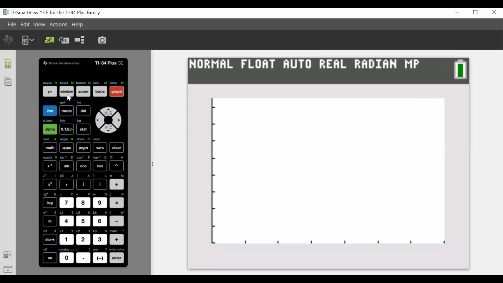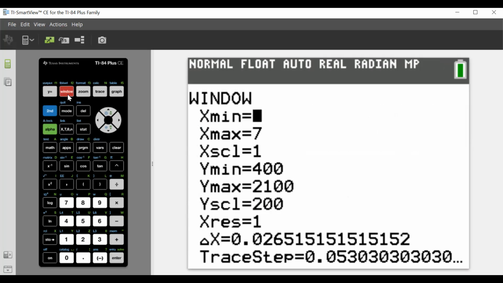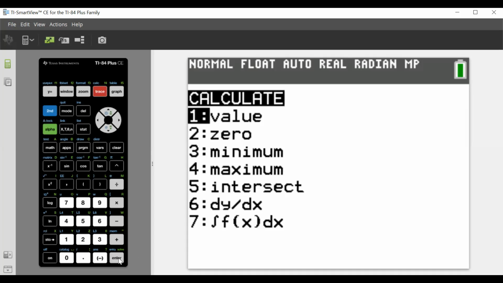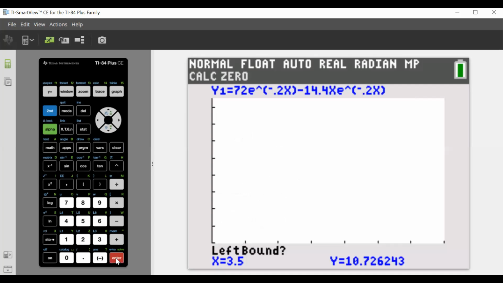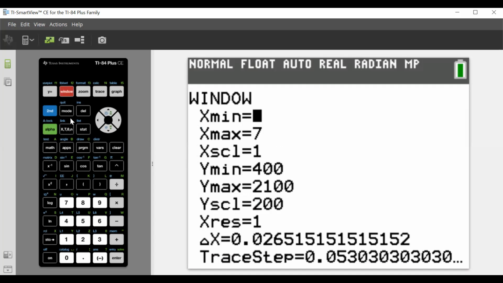And so now we probably need to, let's see, 0. Okay, so actually, can we just do it without figuring out what that is? I think we have to actually arrow around where the 0 is. Yeah, we have to know the left bound and right bound. So we've got to set the window.